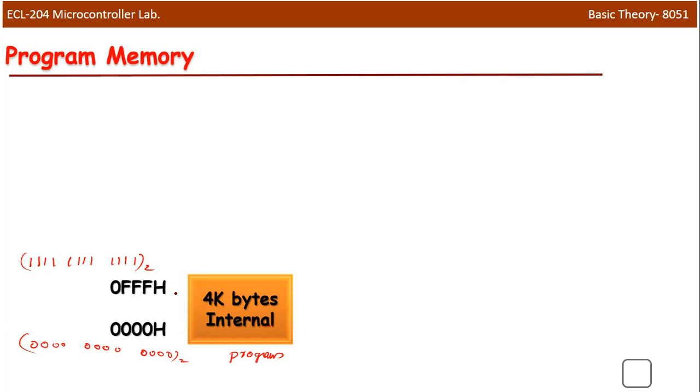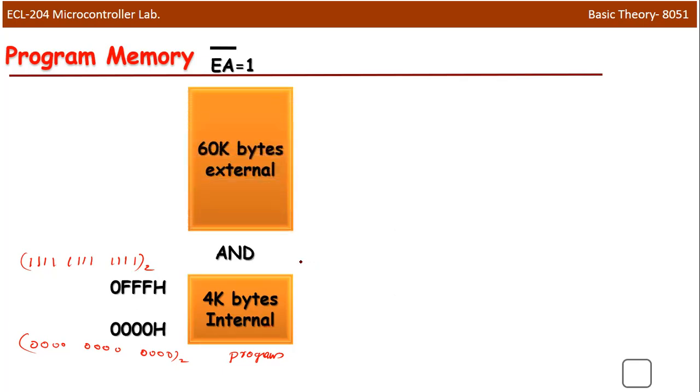And in the case of 8051, we can add some extra memory externally. So if you are using this 4K memory internally, another 60K memory we can connect externally. So if you take an 8051, this is the 8051 microcontroller.